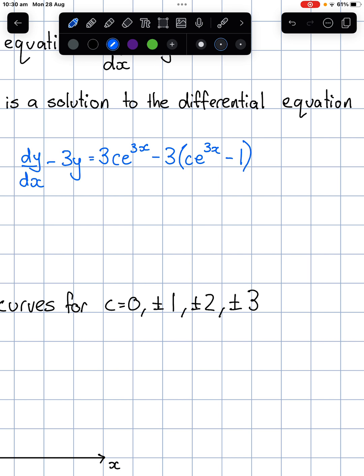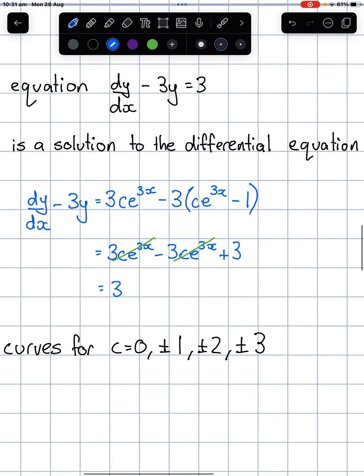So this becomes 3Ce to the 3x minus 3Ce to the 3x, and negative 3 times negative 1 gives us plus 3. These two values cancel out, and so we've got equals 3, which was the right-hand side of our differential equation. So this is correct.